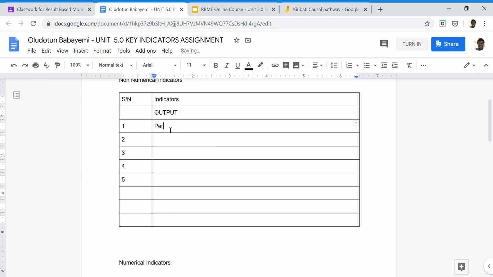So say perception of radio noise, because we're getting radio noise, radio program.